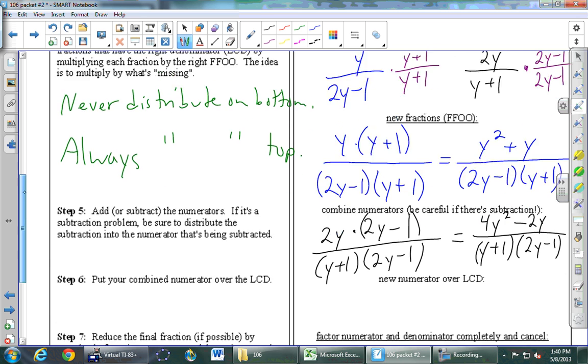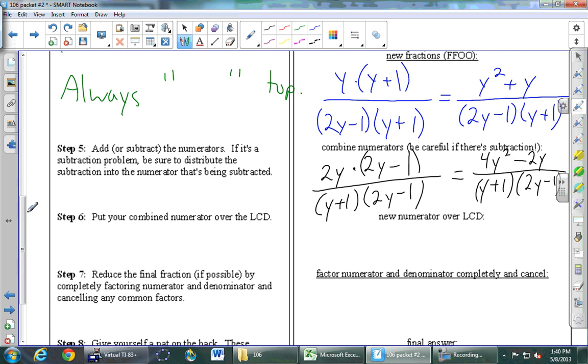Okay, so here's the next thing. Was this a subtraction or addition problem? This is a subtraction problem. So here's the subtraction. I'm going to write it down now. I'm going to copy my blue fraction, y squared plus y over the denominator. You know what? Just to save a little bit of time, I'm just going to start calling that LCD.